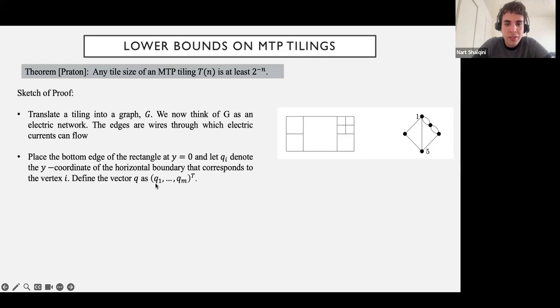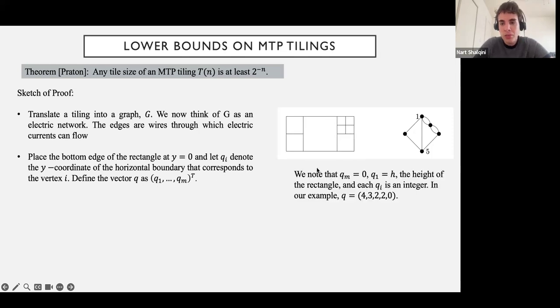And then I define a vector Q1 up to Qm. In this case, Q of m is going to be 0, which is Q of 5. And Q of 1 is going to be h, which is the height of my rectangle. And then my vector is going to be 4, 4, 3, 2, 2, 0.